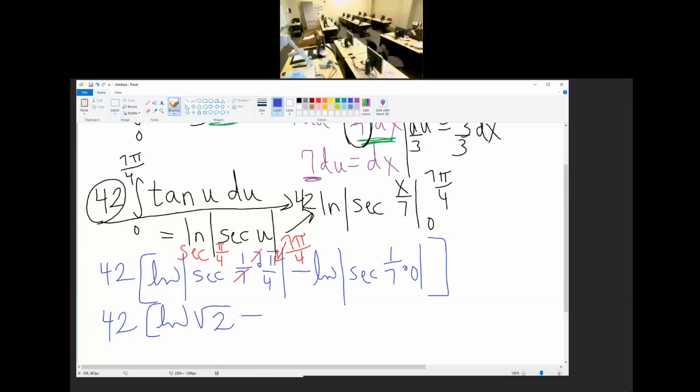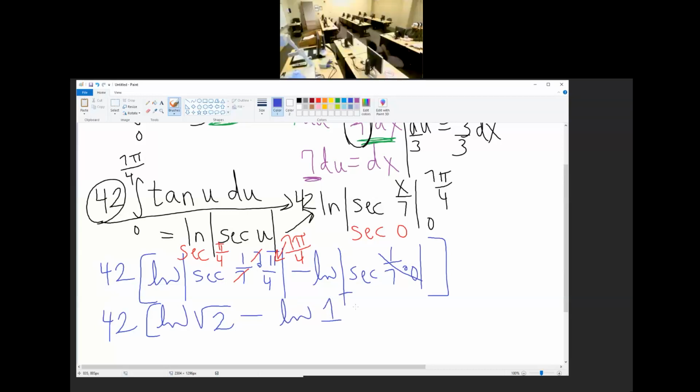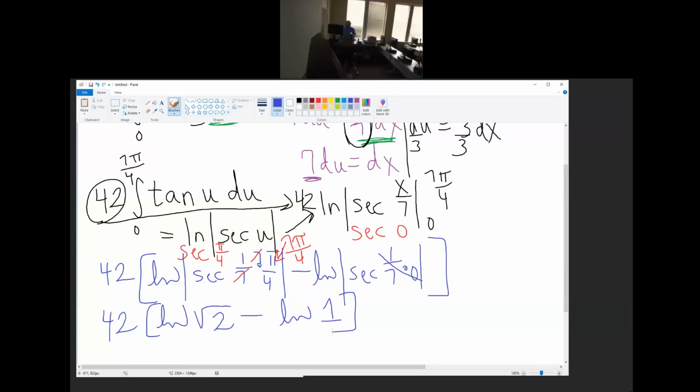All right, the second part, we're trying to find secant of 0, and secant of 0 is equal to positive 1. Now, natural log of 1 is 0. And we're left with 42 times natural log of square root of 2.